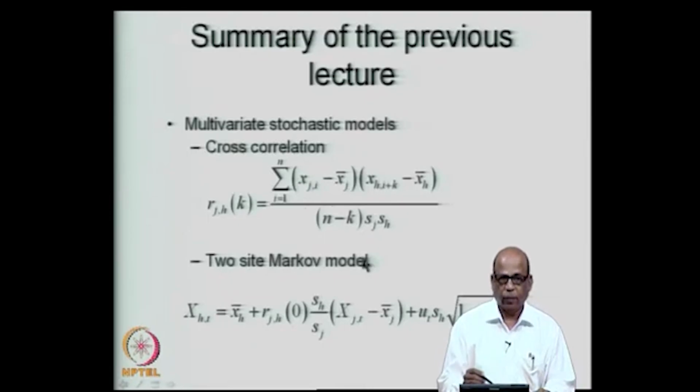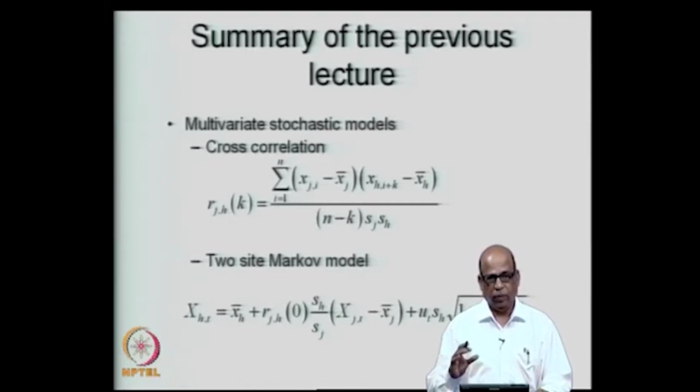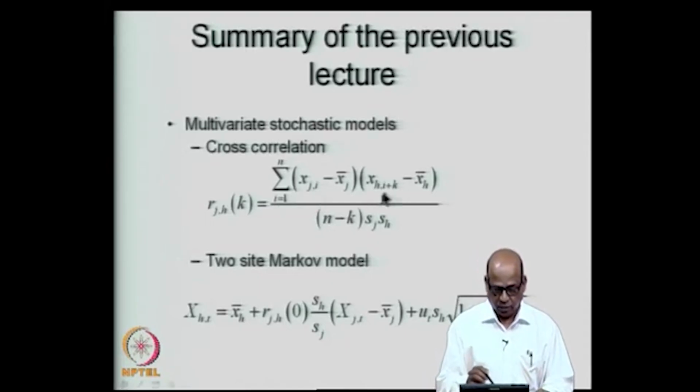So, this is how we get the cross correlation between data at two different locations and at two different times. There is a time lag of k time units between the two data that we are considering, i and i plus k, and we also did an example with lag 1 to find the cross correlation between two sites.